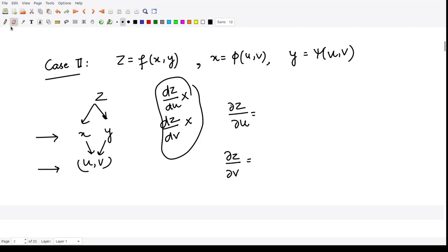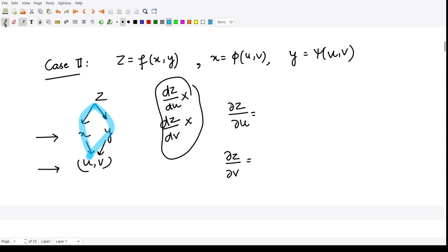So when you wanted to calculate the partial derivative of z with respect to u, it would be equal to this thing. Firstly, you'll go from z to u through this path and then through this path, because y is also a function of u.